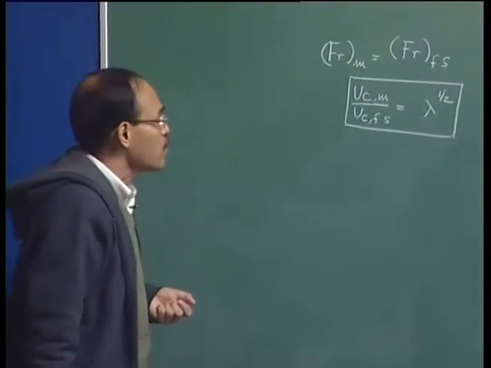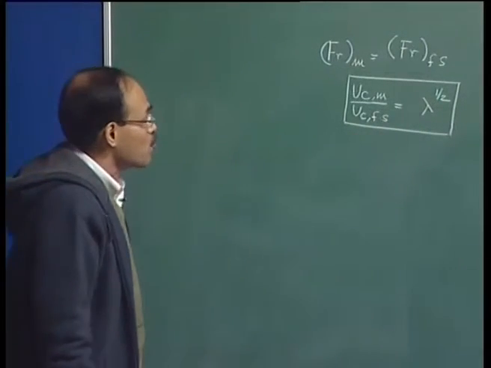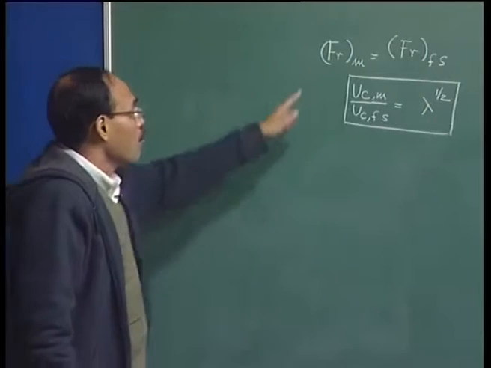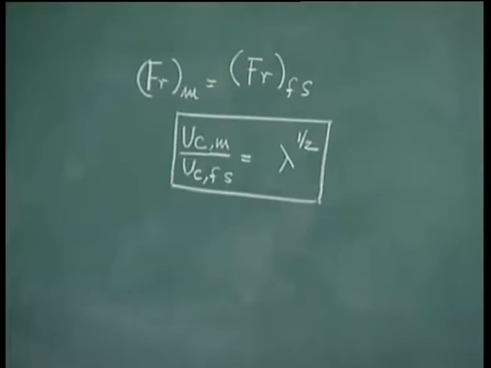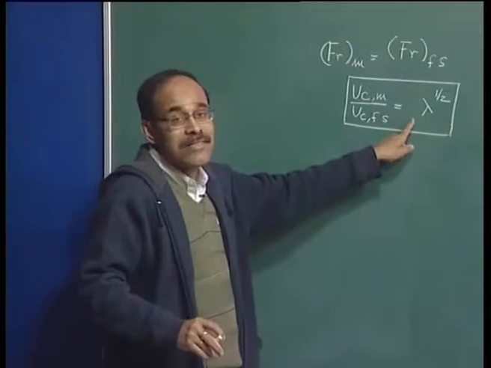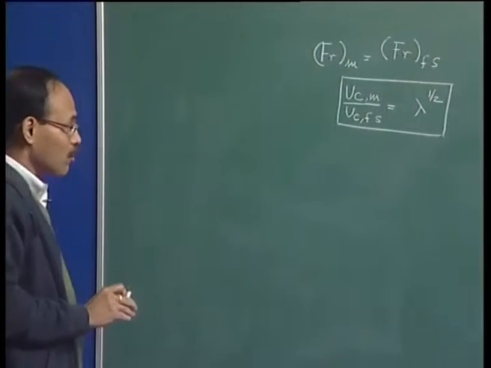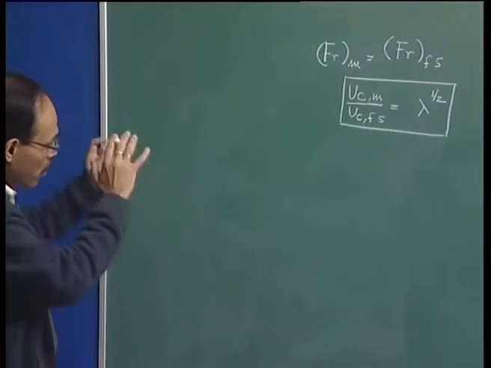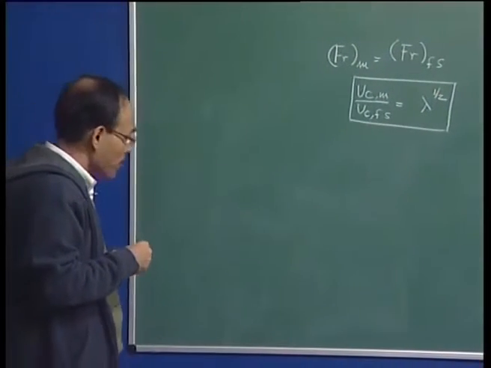So, the characteristic velocities in the two systems are related in terms of the scale factor in accordance with this equation, provided the system is dominated by the Froude number. I will tell you now how the argon flow rate can be calculated or known from the full scale once the full scale flow rate is given to us.